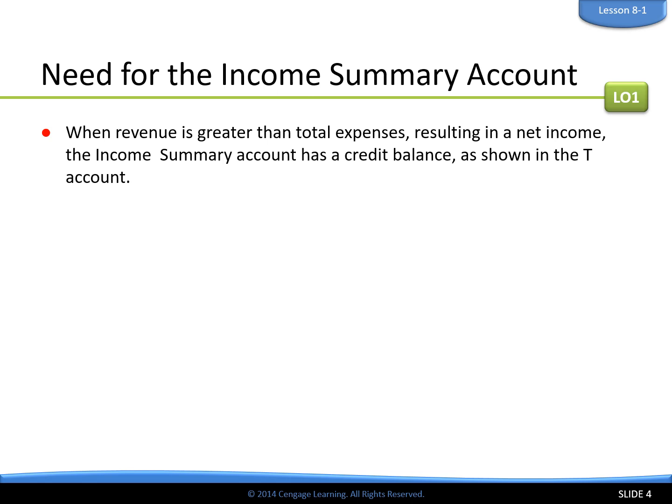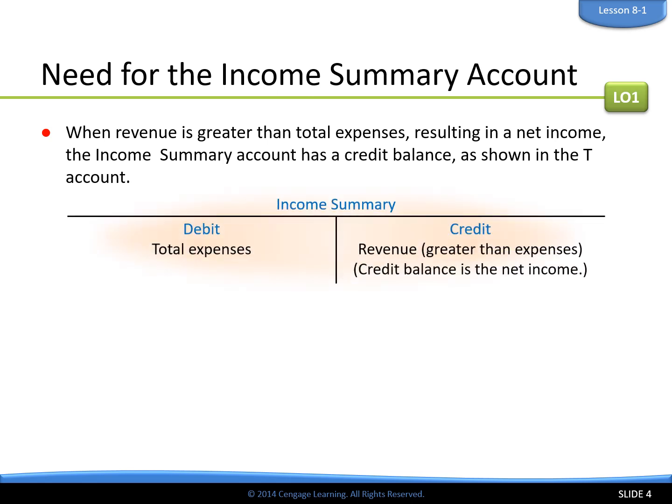When revenue is greater than total expenses, resulting in net income, the income summary account has a credit balance, as shown in the T account. Here is our income summary account. We have our total expenses and we have our revenue. When revenue is greater than expenses, there is going to be a credit balance.